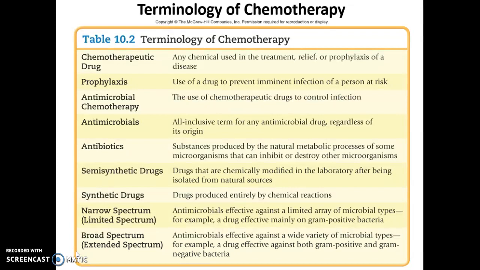So making flashcards might be helpful here, or simply printing this slide and folding it in half. So then you have chemotherapeutic drug on the one side and be able to recite from memory that it is any chemical used in the treatment, relief, or prophylaxis of a disease. So it's a chemical, it's therapeutic. Prophylaxis is using a drug to prevent an infection.